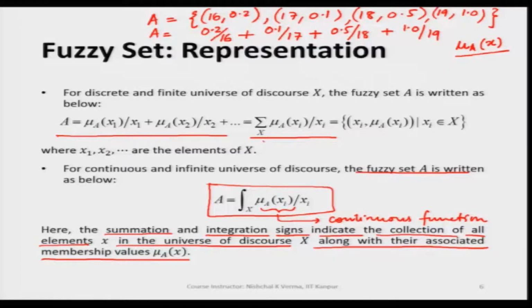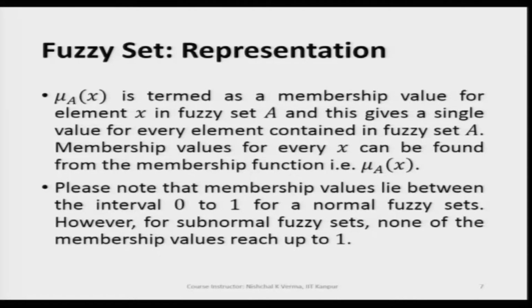You just leave it as it is. Mu A x, as I mentioned, is nothing but a membership value. Mu A x is termed as the membership value for element x in fuzzy set A, and this gives a single value for every element contained in the fuzzy set.